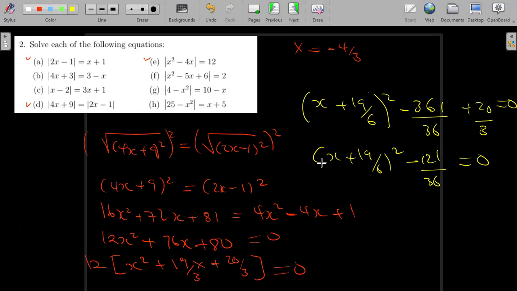Okay, so from there, take it to the other side such that I remain with x plus 19 over 6 squared. This is going to be 121 over 36.